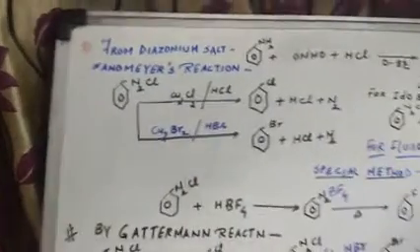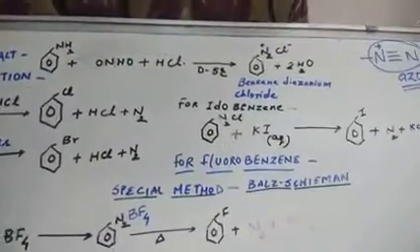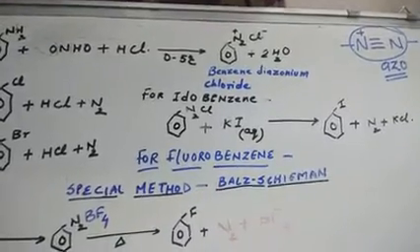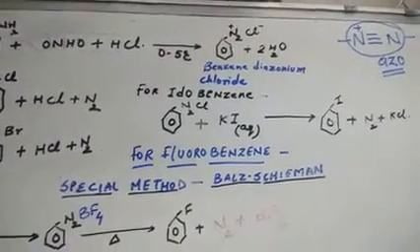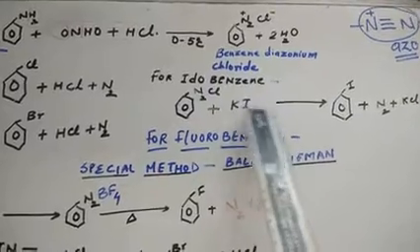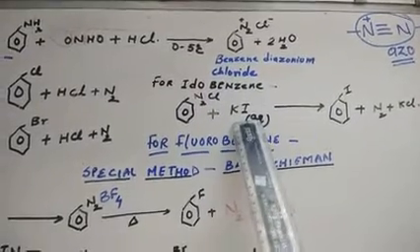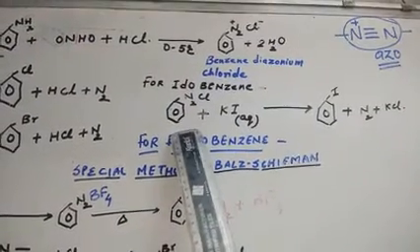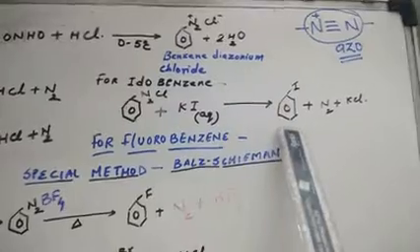One more thing here I am telling you, students, for the preparation of iodobenzene, no need of any cuprous chloride or catalyst is required. Directly KI or NaI can react with diazonium salt to give iodobenzene.